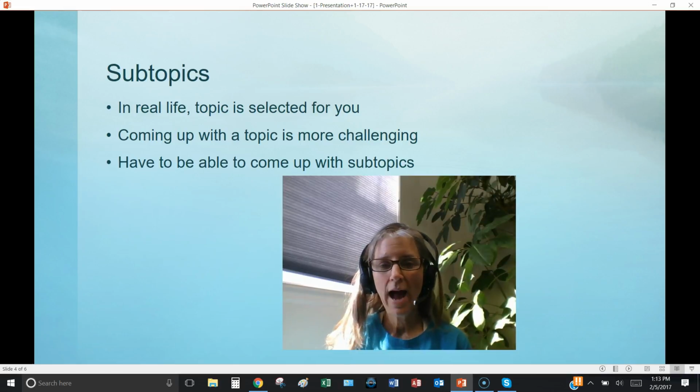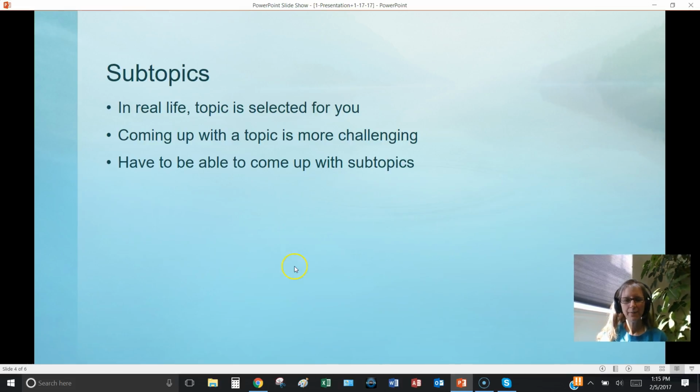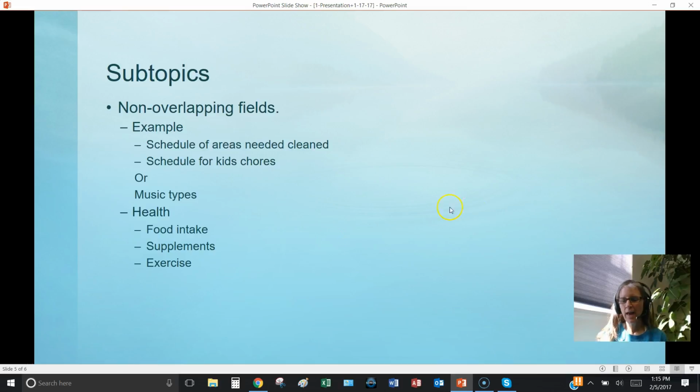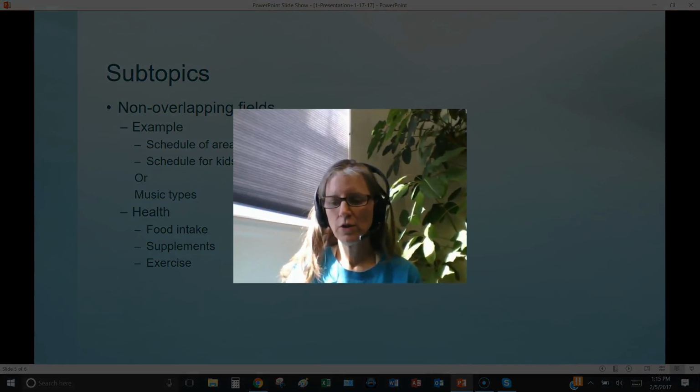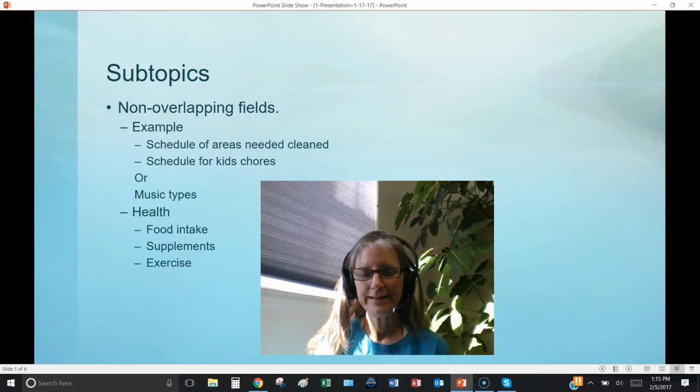And those are all categories, but the problem with that is that the fields overlap. Okay? You don't want overlapping fields.